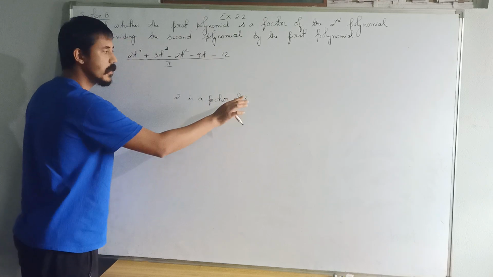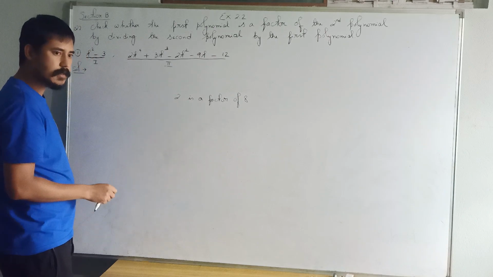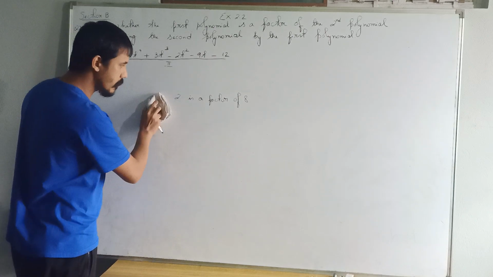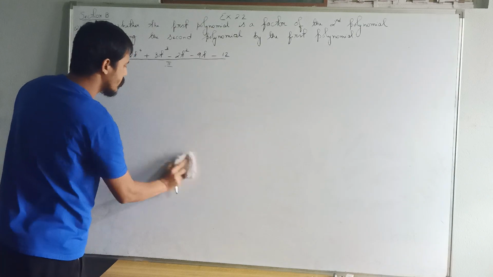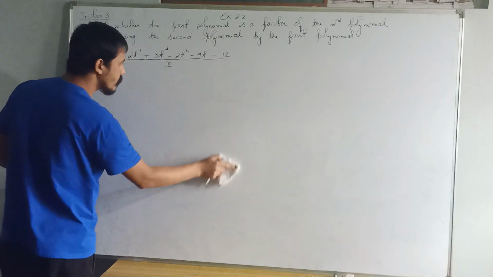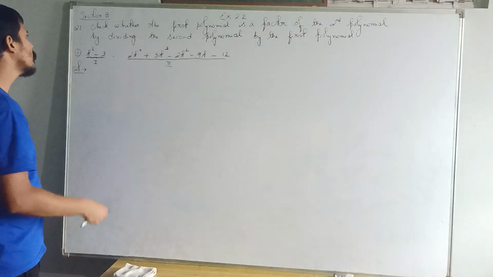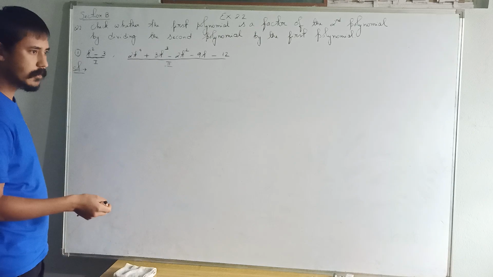Why? Because 8 when divided by 2, remainder is 0. Is it okay? Yes. So the same way, we will do exactly the same as we have done in the first question. The only thing is that we need to check whether it is a factor or not.